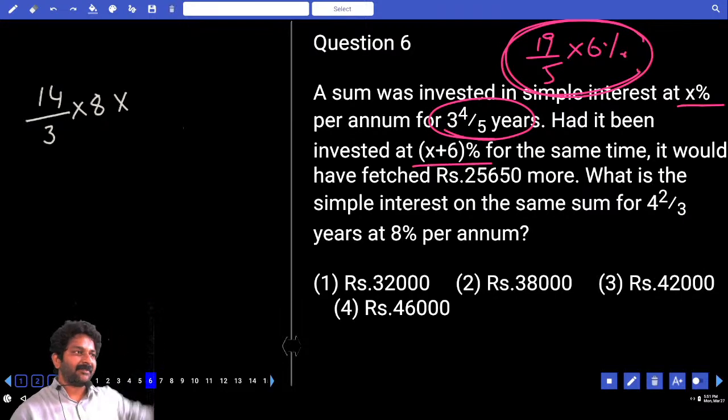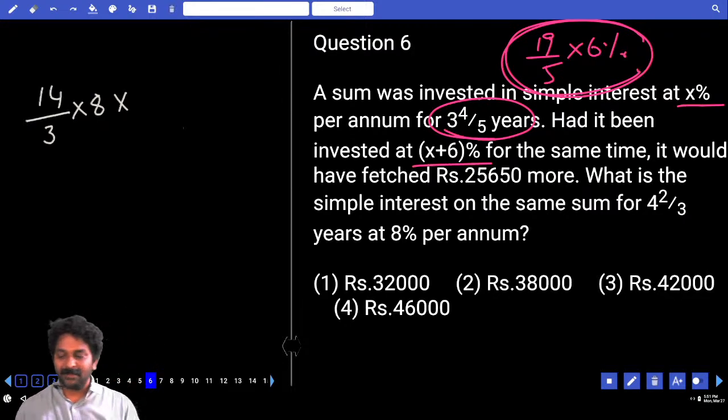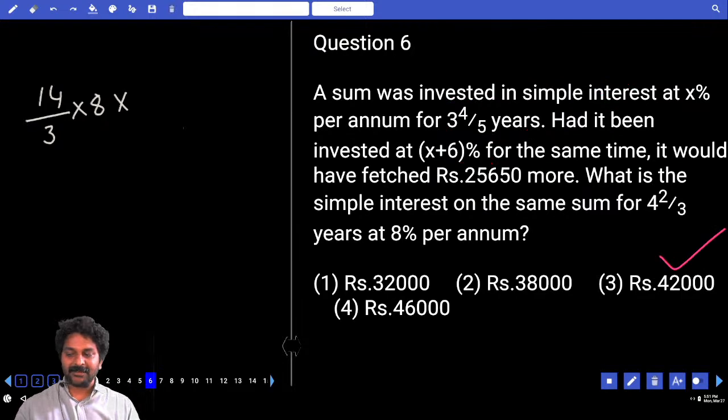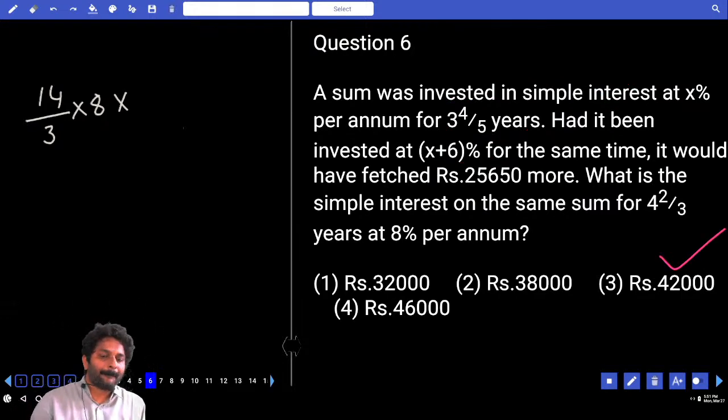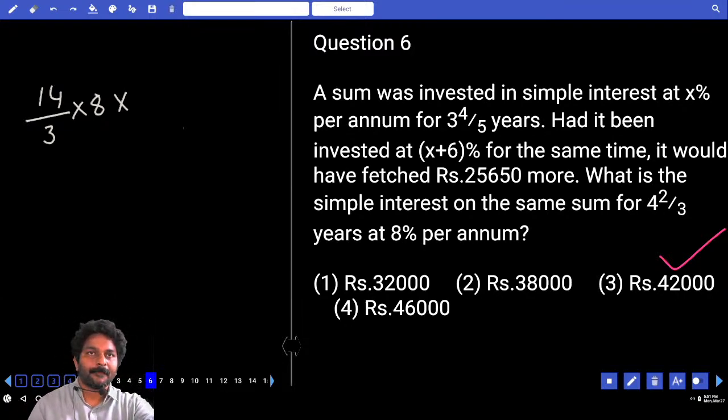This is the 1% value. Now you apply the 7 multiplication rule. Here you have a 7 multiple. The answer must be a 7 multiple. How many options are there? Final answer. Followed?